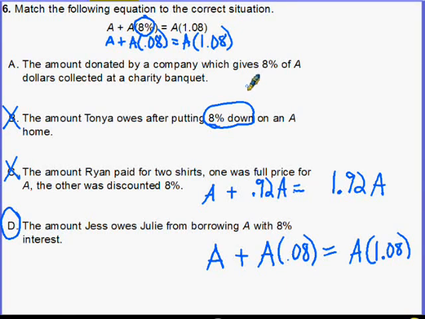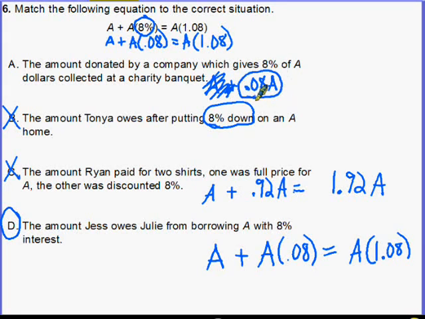Because what this says is a company is only going to give 8% of what's collected. So this really is not even going to be an equation. This is more like an expression, because it doesn't say that the company's going to match whatever was collected and then also give 8%. It did not say that.